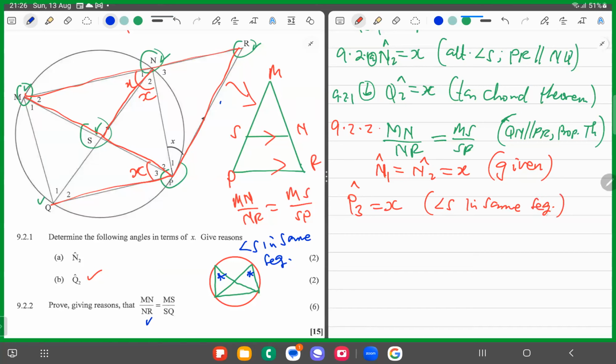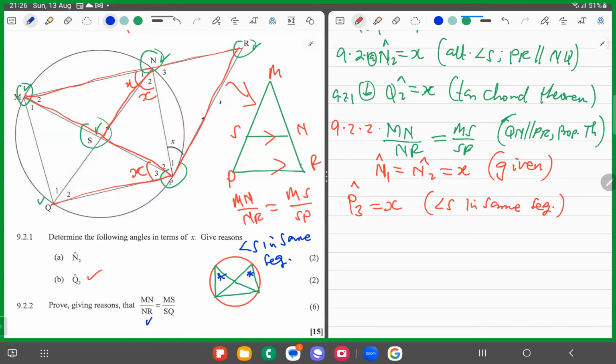Now you have that the line segment SQ is equal to PS.